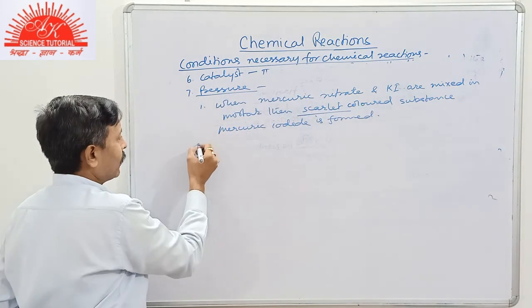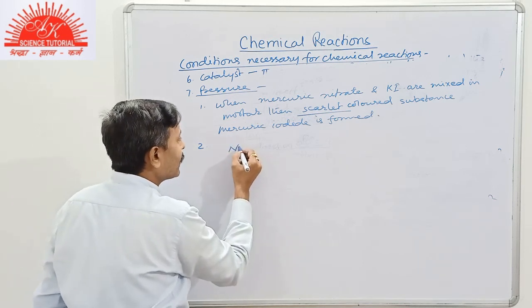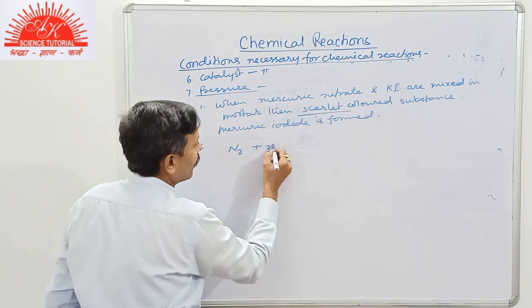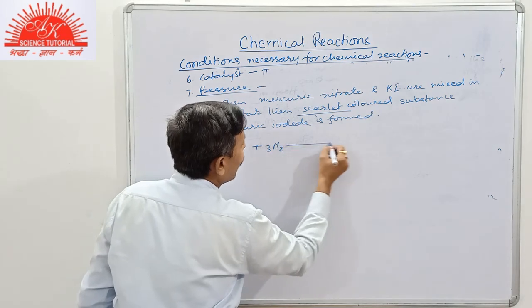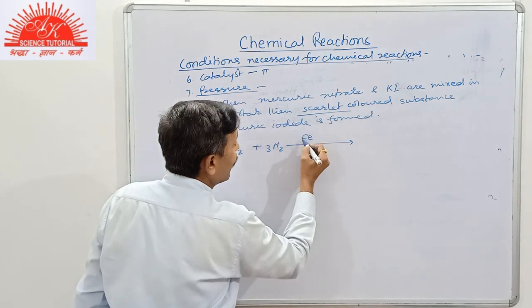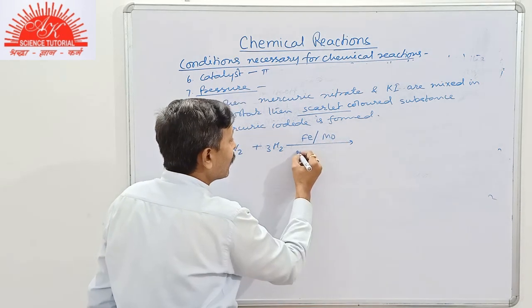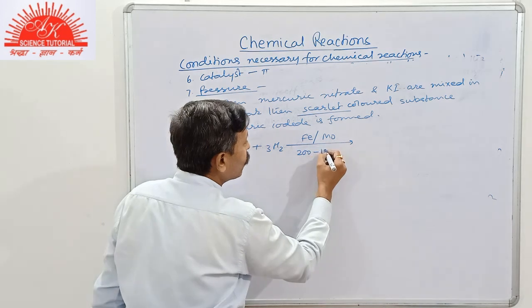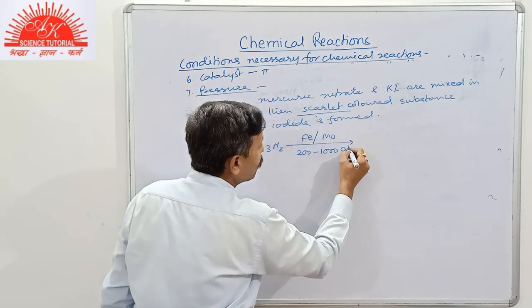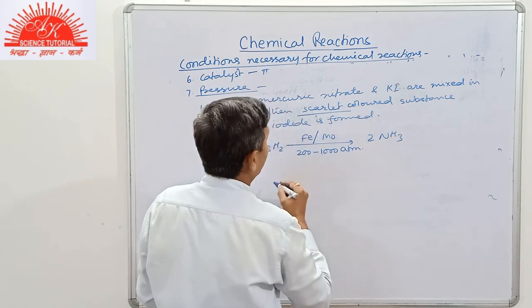Second, in Haber's process, high pressure is applied. The conditions are iron as a catalyst, molybdenum as promoter, and 200 to 1000 atmospheric pressure, then this reaction takes place.